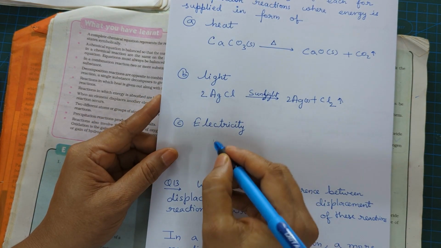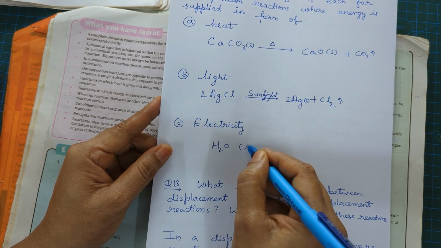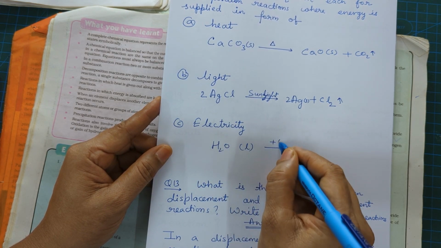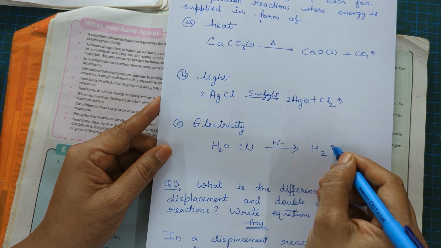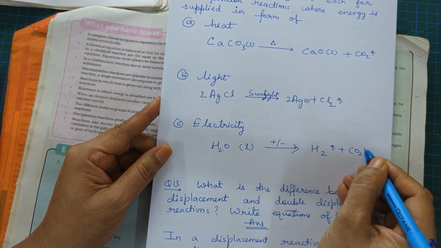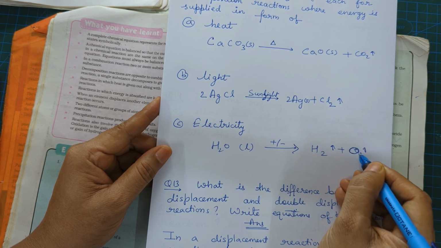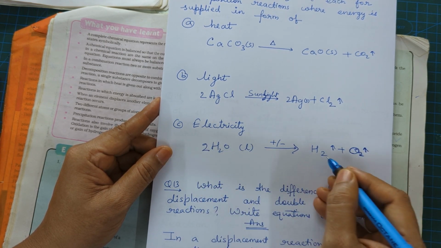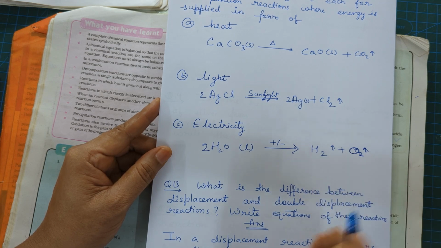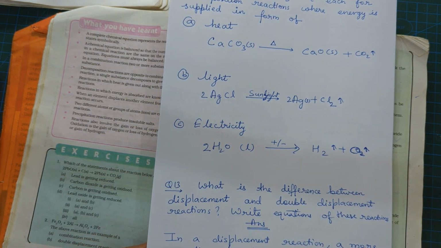About electricity, water, H2O, liquid form, through which when electric current is made to pass, it decomposes to hydrogen gas and oxygen gas. About balancing, 2H2O gives hydrogen gas and oxygen gas at the respective electrodes.